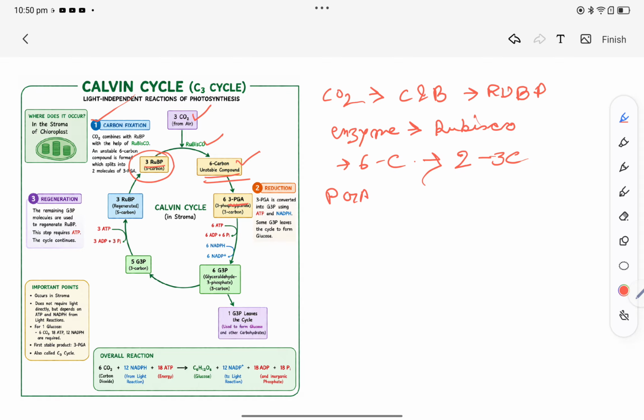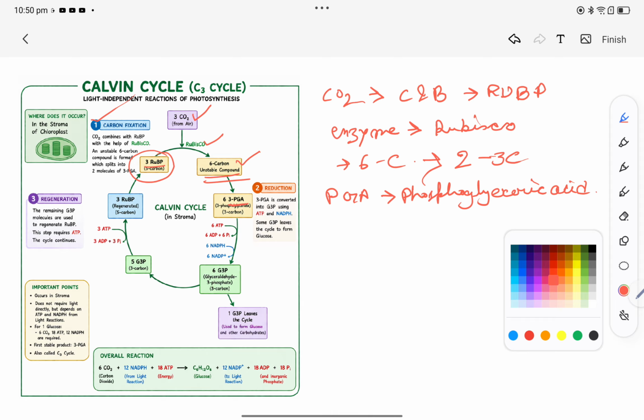PGA's full form is phosphoglyceric acid.